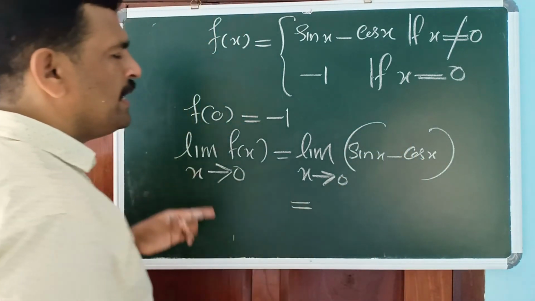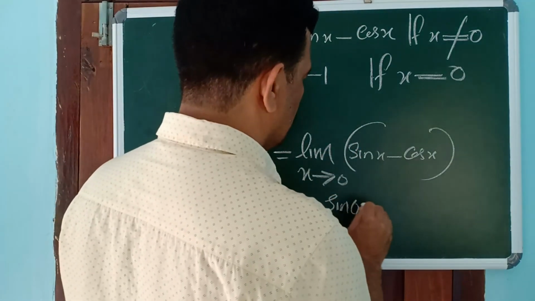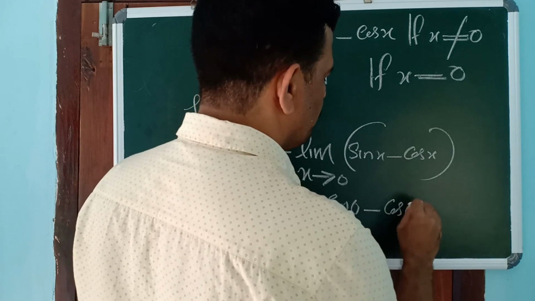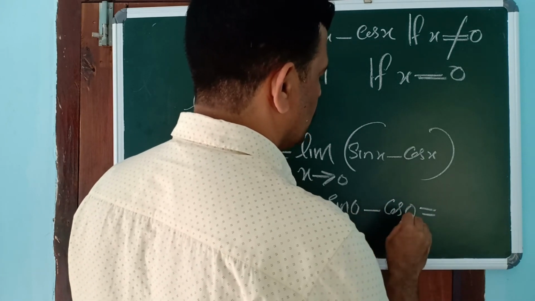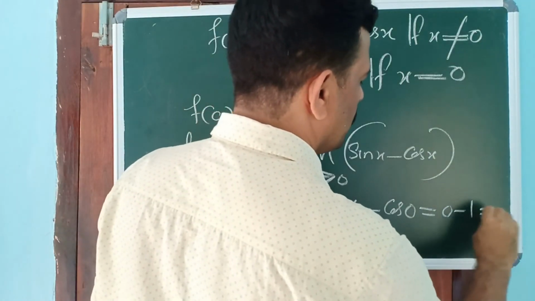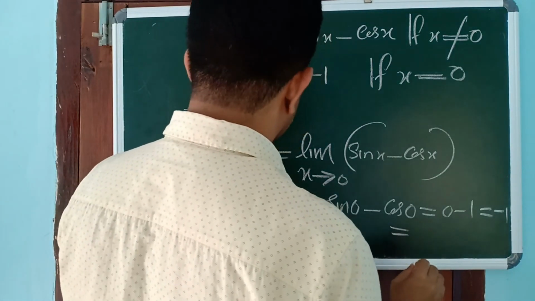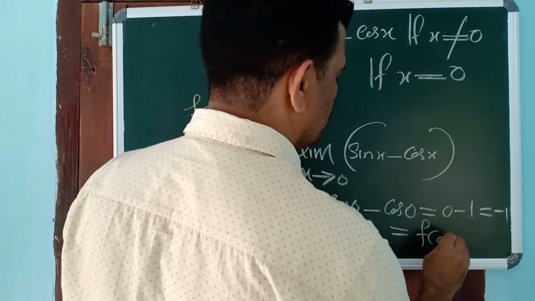This limit is finite. If you put x equal to 0, we get sin 0 minus cos 0. That is, sin 0 is 0, cos 0 is 1. Therefore 0 minus 1, that is -1. Therefore we can write limit of f of x as x tends to 0 is equal to f of 0.